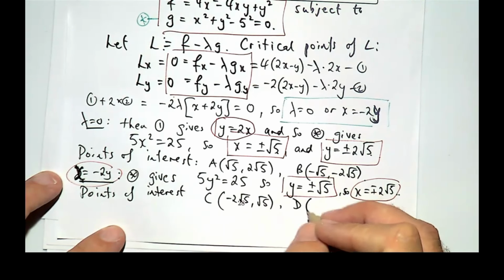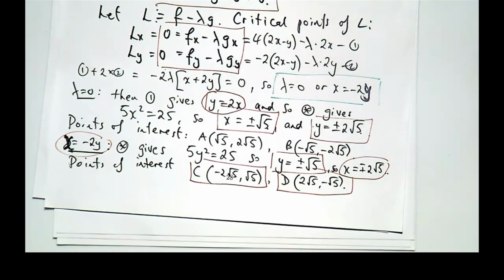Okay. So we've got 4 points of interest. A bit annoying. It'd be better if we had 1 or 2, right? That would be ideal. So what can we do now? Can anyone suggest something? Let's go back to the original question, because we've got some data now.